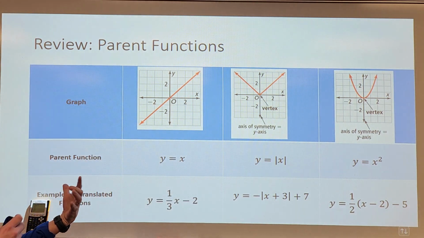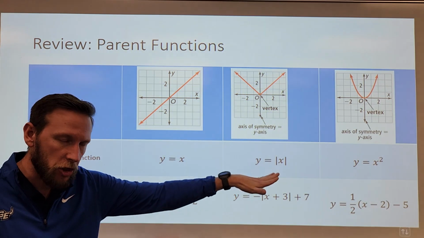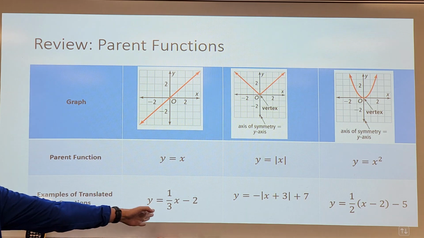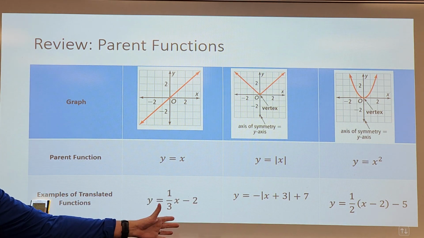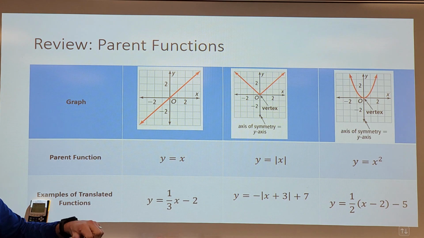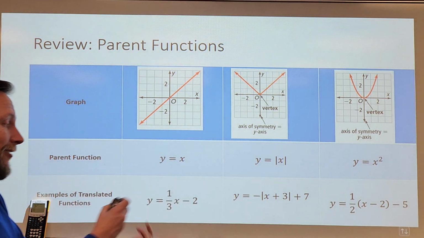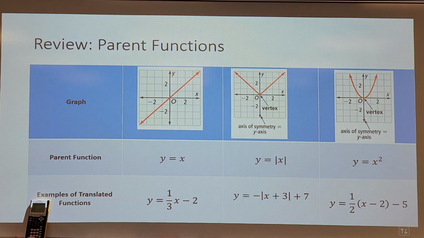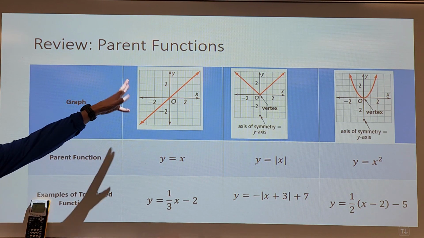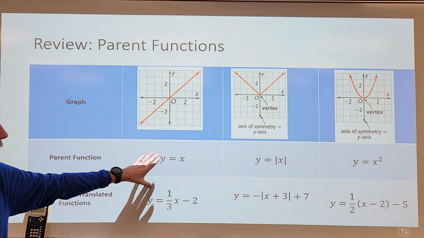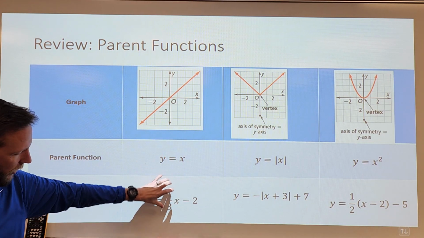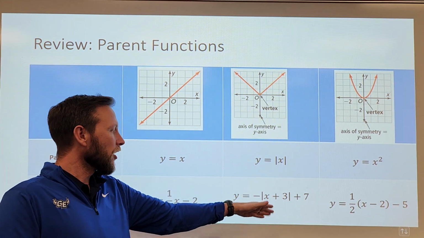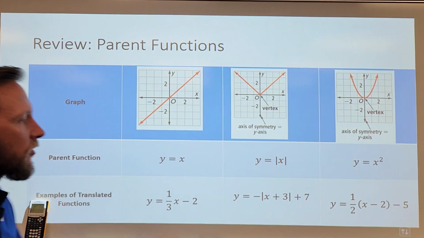Thinking back to first semester, we learned about a series of parent functions, what their domains were, what their ranges were, and of course translating those functions left or right, up or down, stretching them or compressing them vertically or horizontally, reflecting them over the x-axis or the y-axis, etc. You may wish to revisit some of those key ideas from first semester, remembering how this was compressed by 1/3 and shifted down 2, how this was shifted left 3 spaces and reflected vertically and then moved up 7 spaces, those kinds of things.